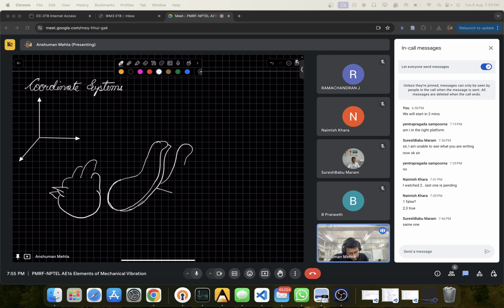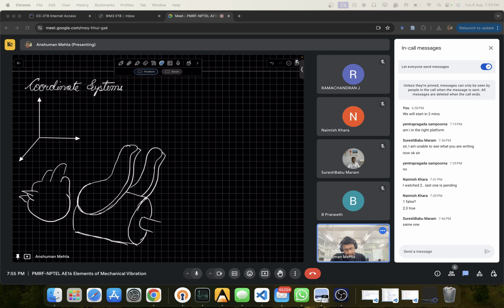And instead of body, I am just taking a cylinder, like the two cylinders. One cylinder like this, okay. So this is the half part of the cat. Another half part will be similar.